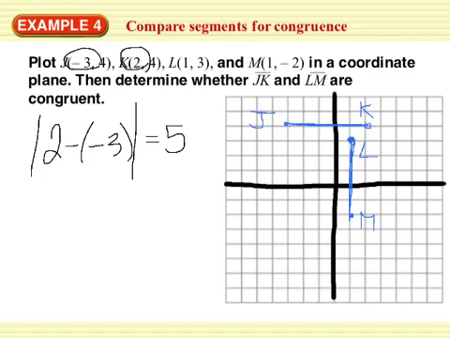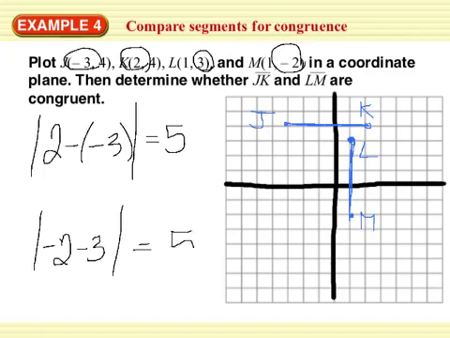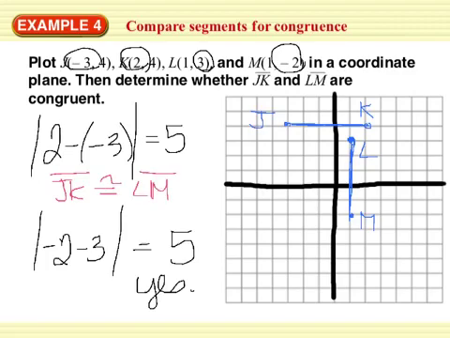And since L and M share the y's, I can also say that -2 minus 3 is 5. So yes, they are congruent. So we can say that JK is congruent to LM because they have the same lengths.